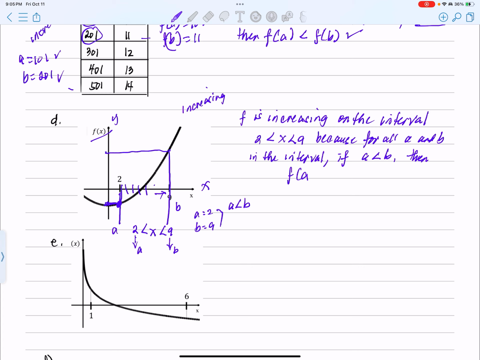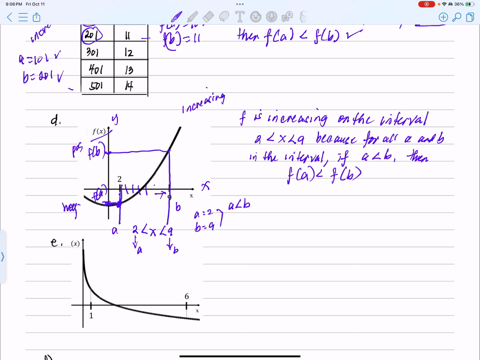So our f of A is a negative value, and this is our function of B. What can you say of f of A? f of A is less than f of B, right? Because f of B is right here and is positive, and f of A is negative, where it hit the graph.